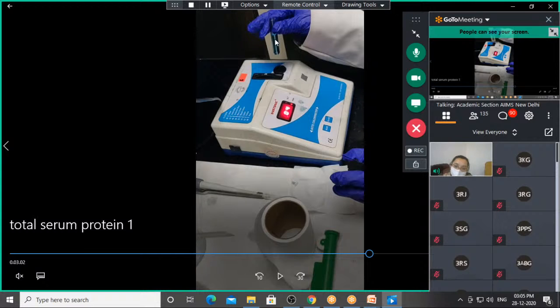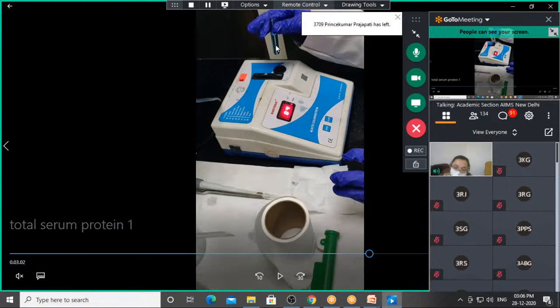So we have to negate the color given by the biuret reagent itself.